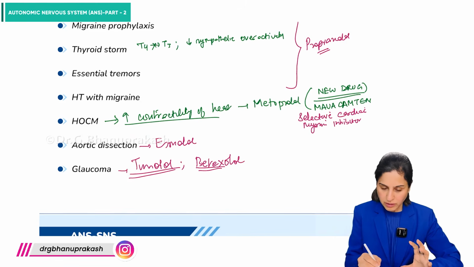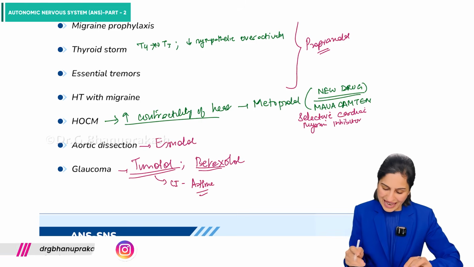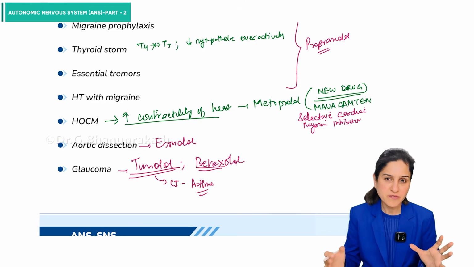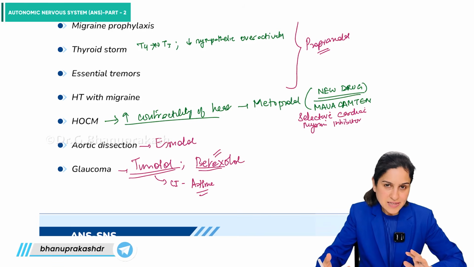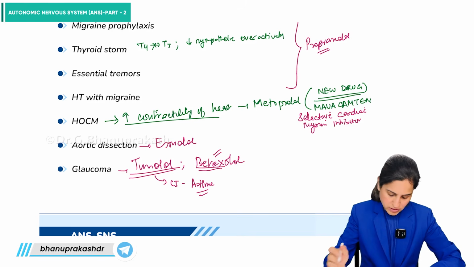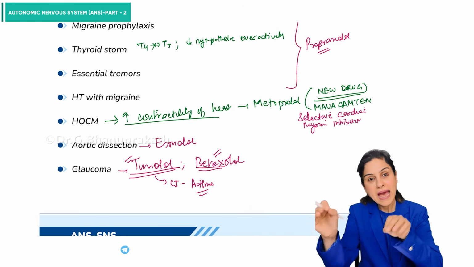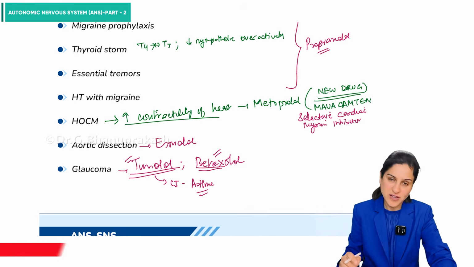Because timolol is non-selective, it is contraindicated in patients with asthma. We can use betaxolol, but if a patient is asthmatic, we do not prefer to use beta blockers. Though betaxolol is cardioselective, with less tendency to aggravate asthma, still we don't prefer beta blockers. But timolol is absolutely contraindicated because it acts on both beta 1 and beta 2 receptors, and on beta 2 it will lead to bronchoconstriction.